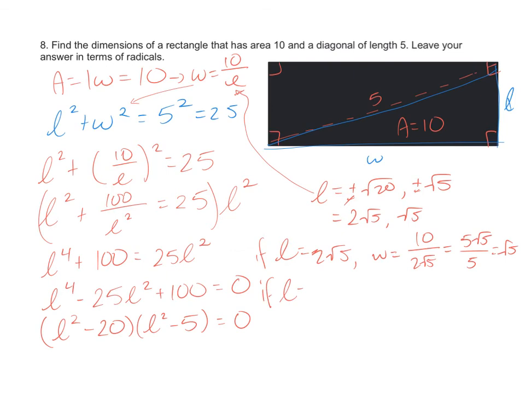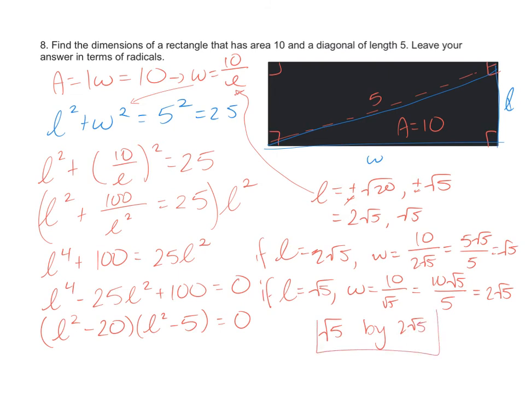And if L is equal to root 5, then W is equal to 10 over root 5, which is equal to 10 root 5 over 5, which is equal to 2 root 5. So our dimensions are square root 5 by 2 root 5, or vice versa, 2 root 5 by square root 5.